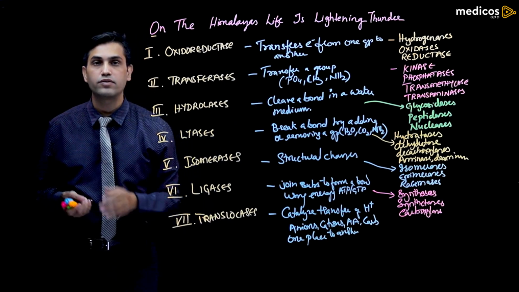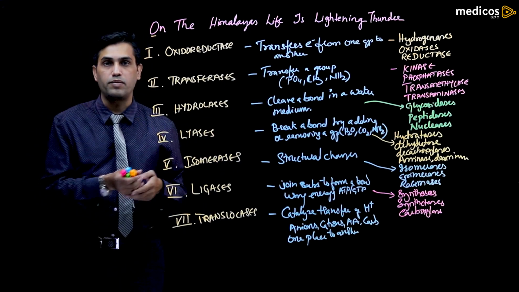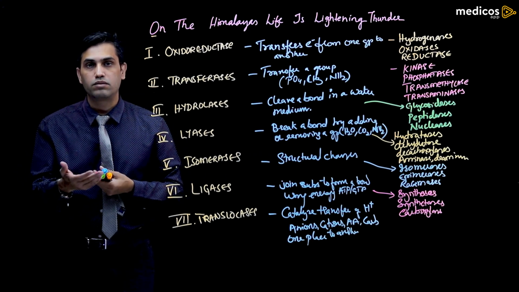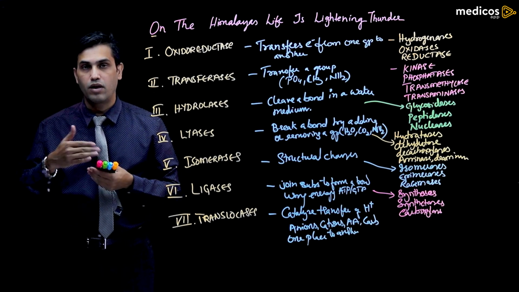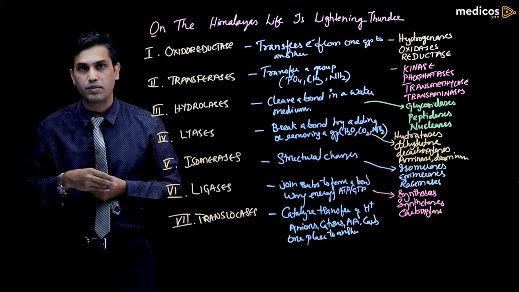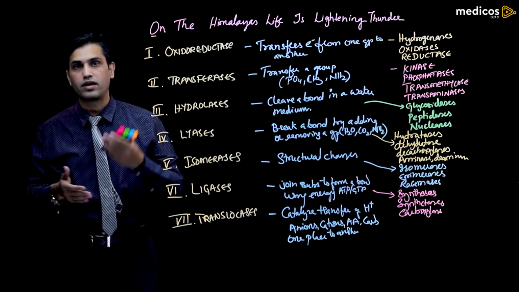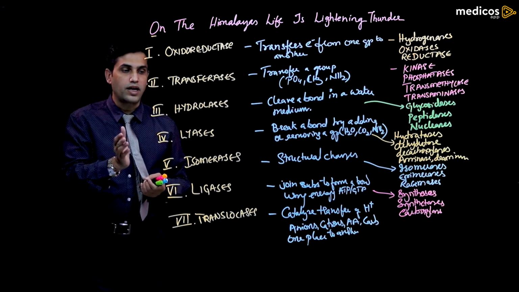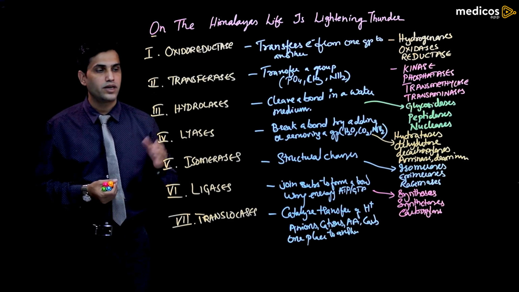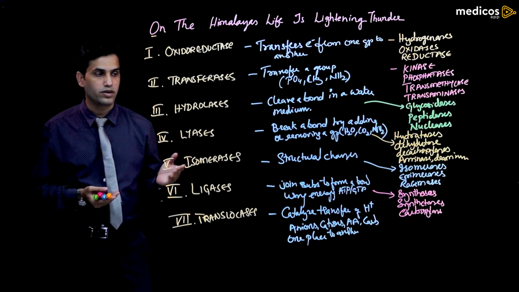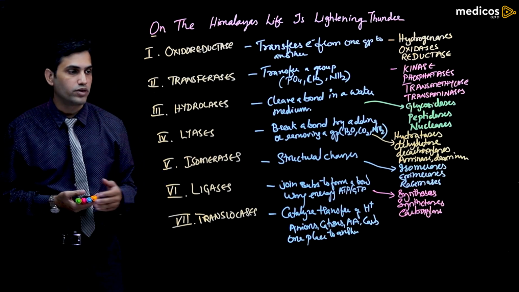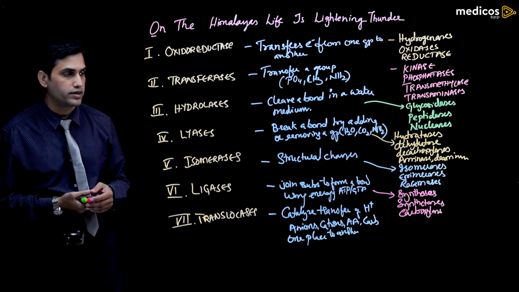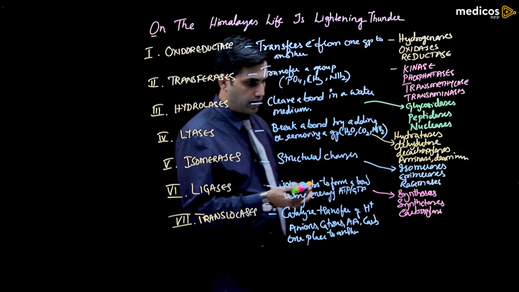Here translocases transfer from one place to another place, from the matrix of mitochondria to the inner membrane space, from the cytoplasm to the mitochondria, from the endoplasmic reticulum to the cytoplasm, like that. So translocases catalyze transfer of protons, inorganic anions and cations, amino acids, carbohydrates from one place to another.